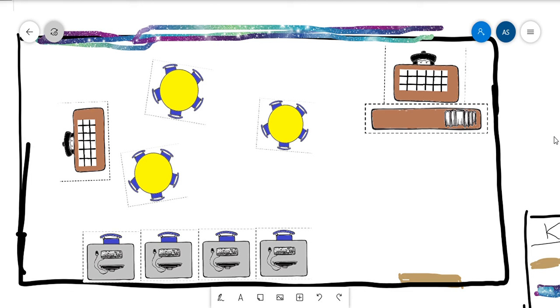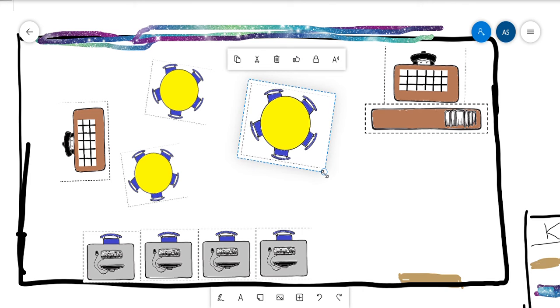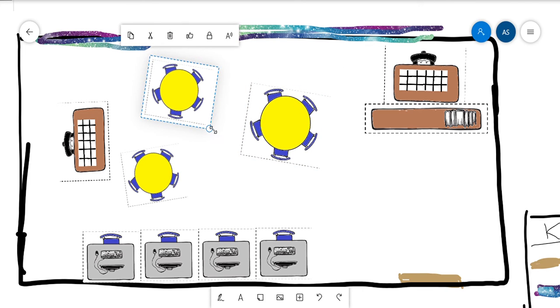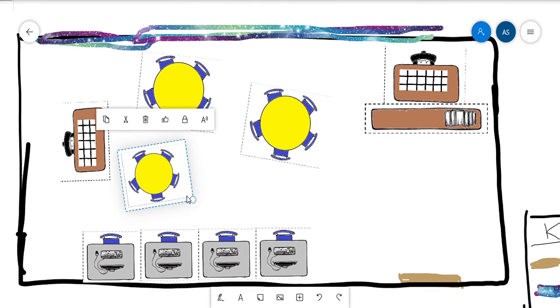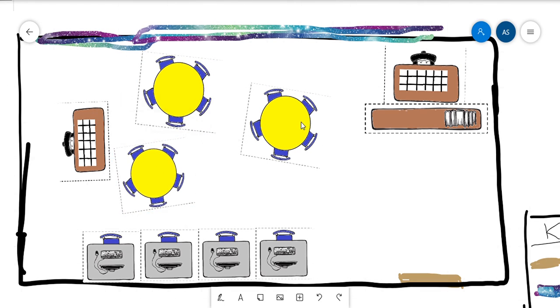Now, it doesn't include everything we have in our classroom, but if someone wanted to know where table 3 is compared to where the bookshelf is, they could look at this, and if I label the tables, that rhymes.